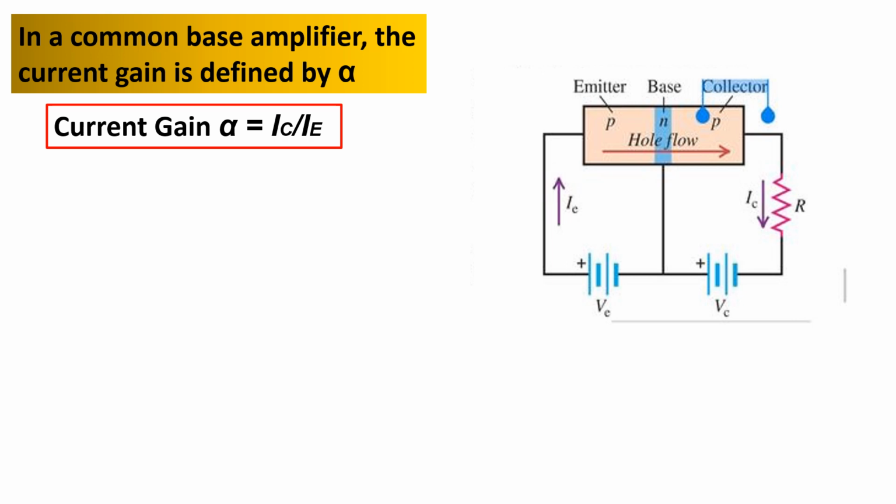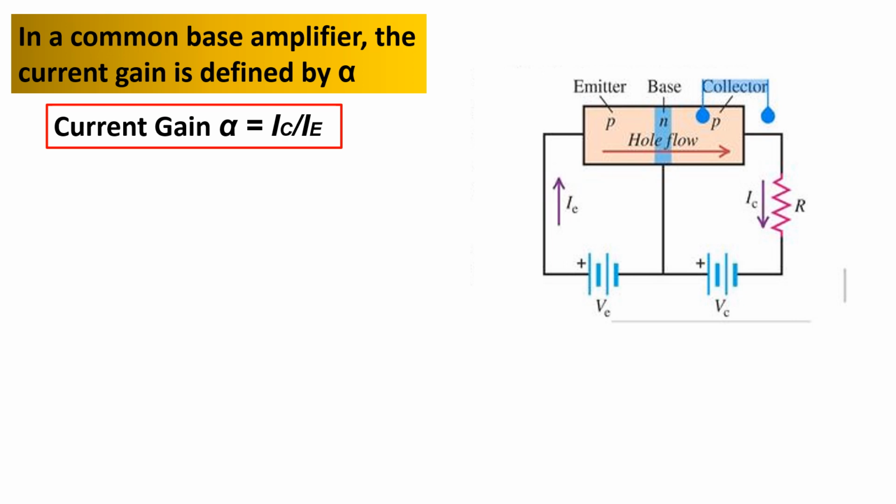When I sub C, or collector current, is divided by I sub E, then we talk about the current gain represented by alpha. Okay, take note, alpha is different from beta. This time alpha is the ratio of the collector current over the emitter current. That's why it's called a common base amplifier.